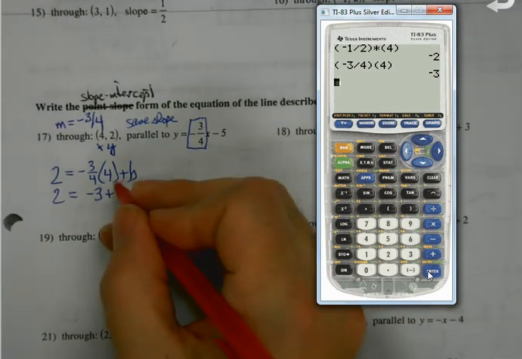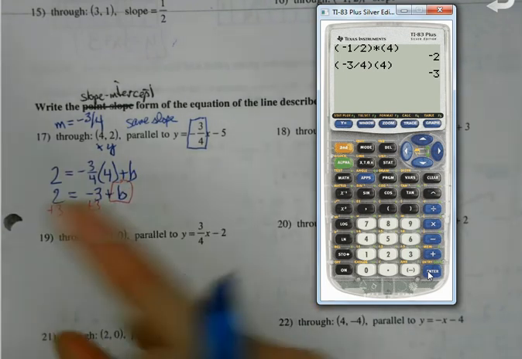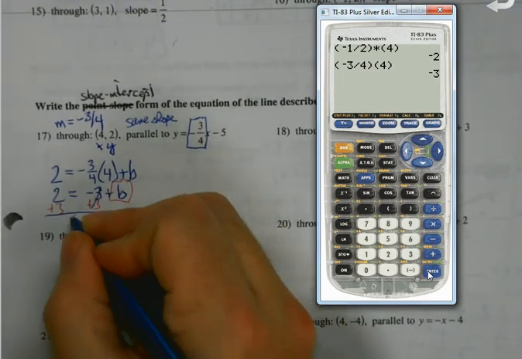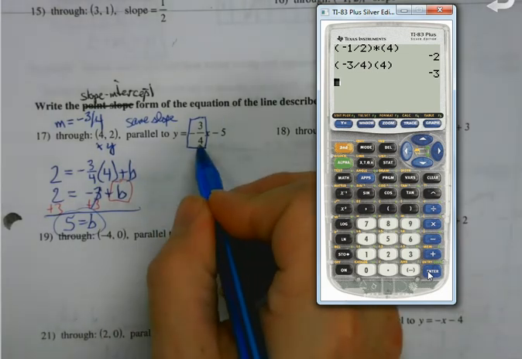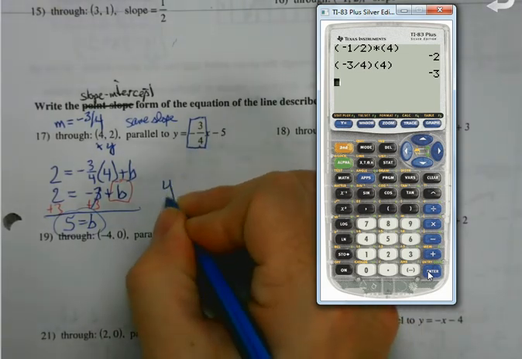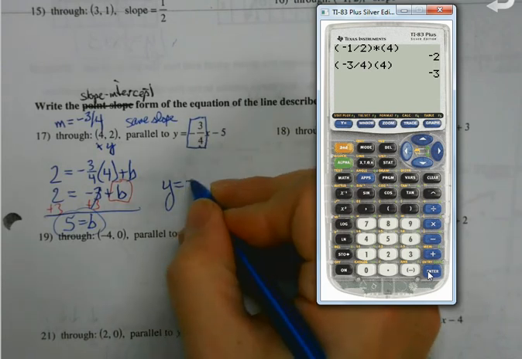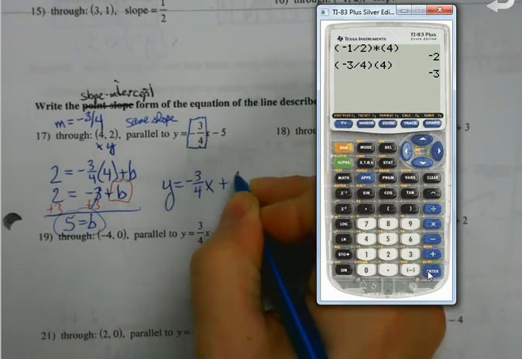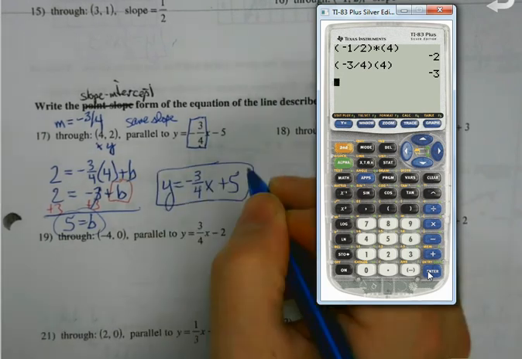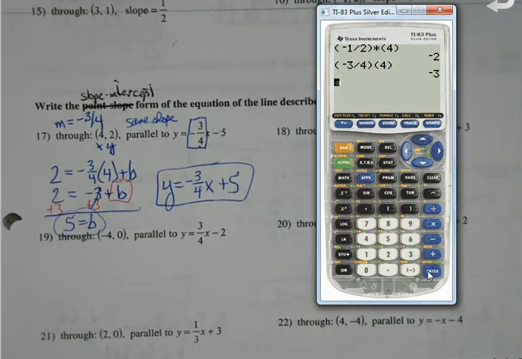And again, since our goal is to get b by itself, there's my b. I know my slopes from here. So my final equation, once I have b, is y equals, I'm going to steal the slope from the other one and just put my new b on it. And no, it doesn't mean every time these are just going to be opposites so you can skip all the steps. That's just coincidence on this one.